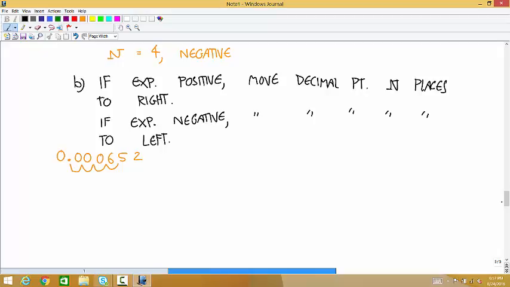Probably the most useful place for scientific notation is numbers that are really, really big and numbers that are really, really small. So this is just something to keep in mind.